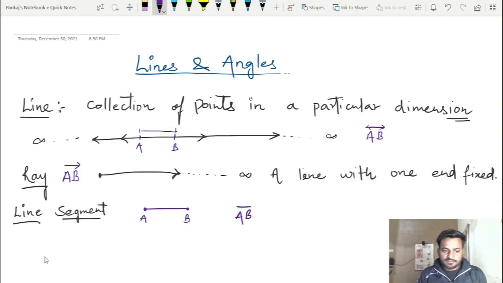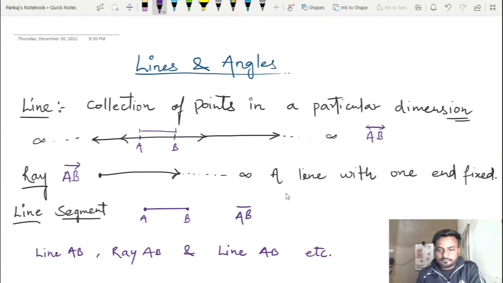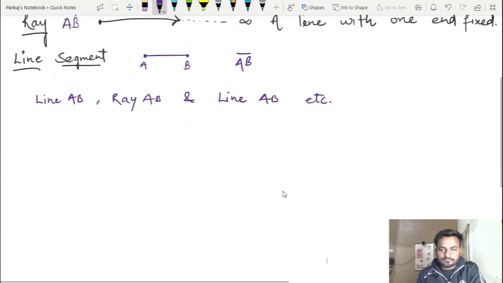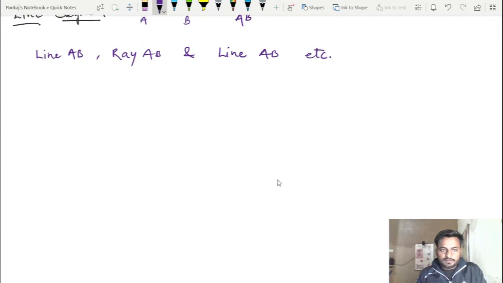This is generally written as line AB or ray AB and line segment AB, etc. Okay. So this is all about lines.